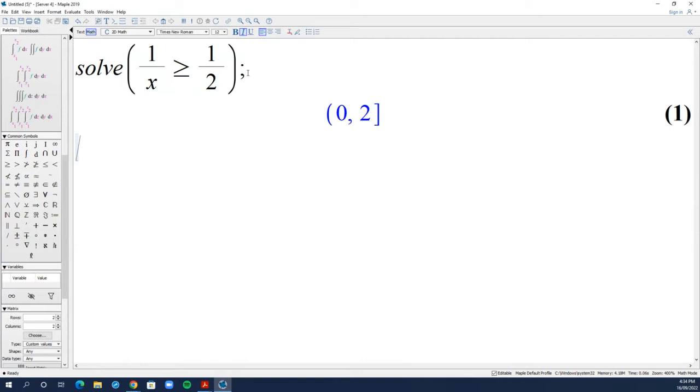Okay, so let's do this by hand and see if we can do it. Just give me a moment. Oh, there we are. Let me just go back here and I'll share again.